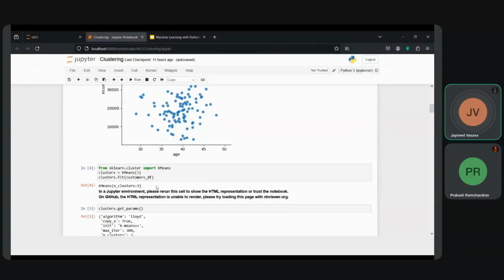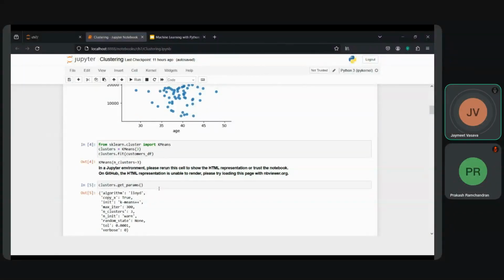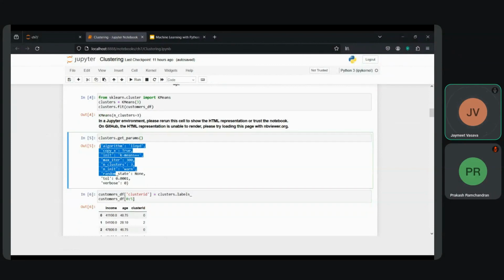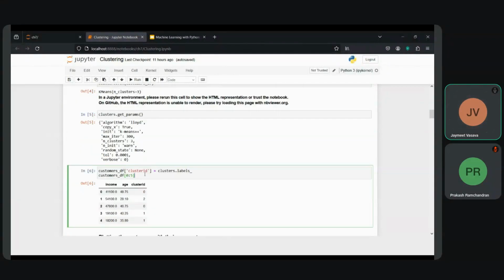So we went with k-means clustering with a k value of 3. And when we made the model, these were the parameter values that were used. Then we added an additional column to the data frame, a cluster ID, and gave it the respective labels.